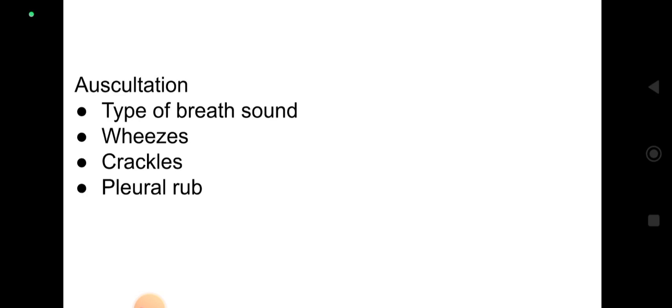Additional sounds like wheezes, crackles, and pleural rub are also found. Wheezes are high-pitched continuous musical sounds associated with narrowing of the airways. Crackles are bubbling or clicking, brief interrupted sounds produced by the explosive opening of small airways due to sudden changes.